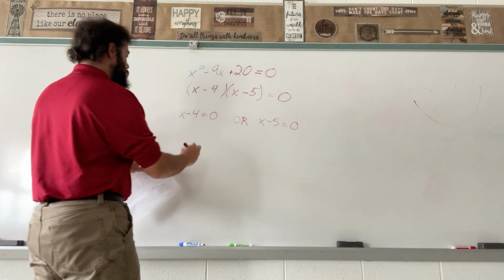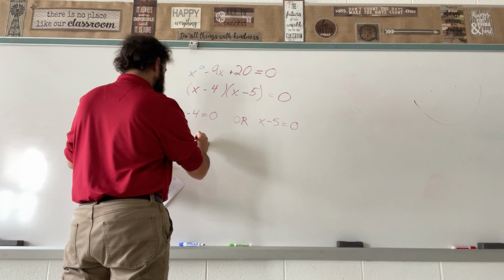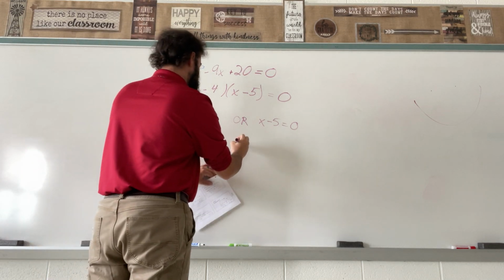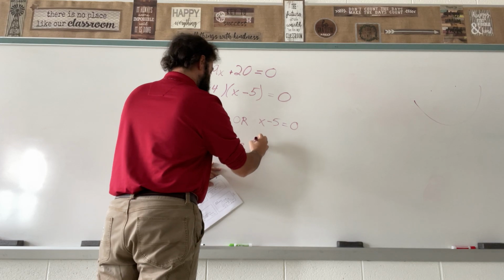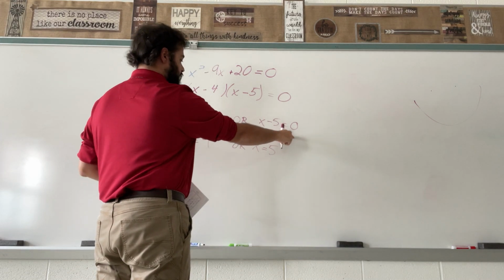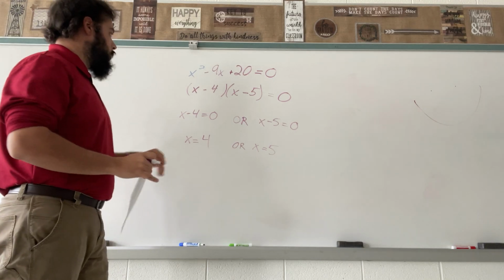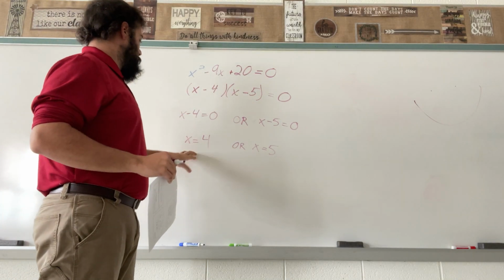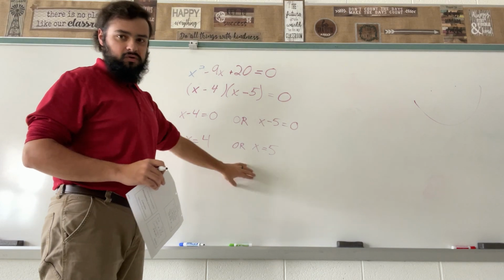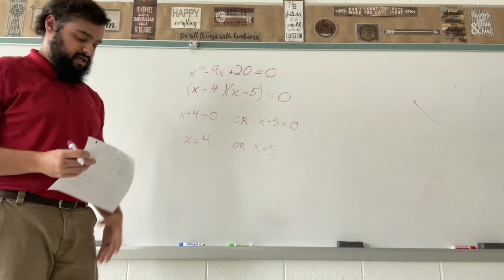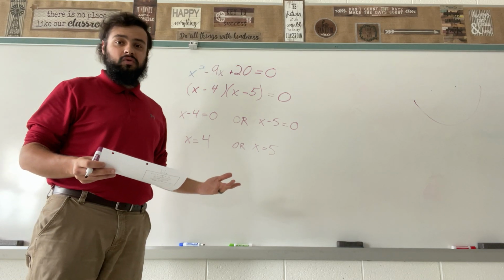You're either going to have x equals 4, because 4 minus 4 is 0, or x equals 5, because 5 minus 5 is 0. We don't actually know which, but if you set this to equal 0, one of these two things has to be true. Either x has to equal 4 or x has to equal 5. So you narrow it down. And that's how you do that problem.